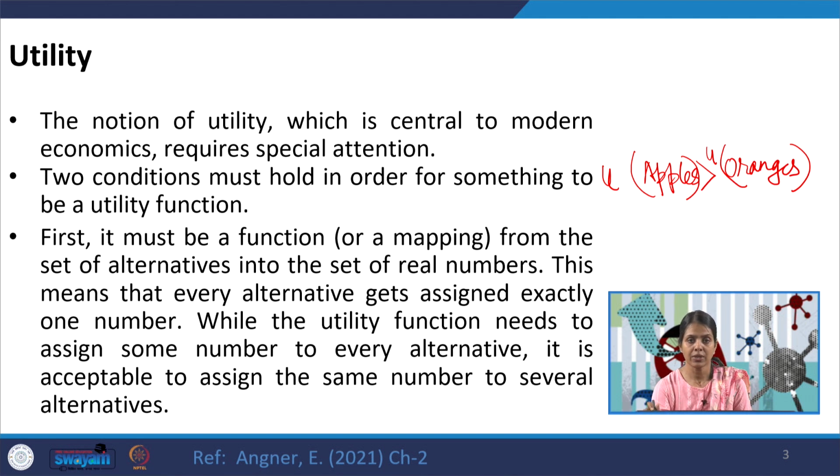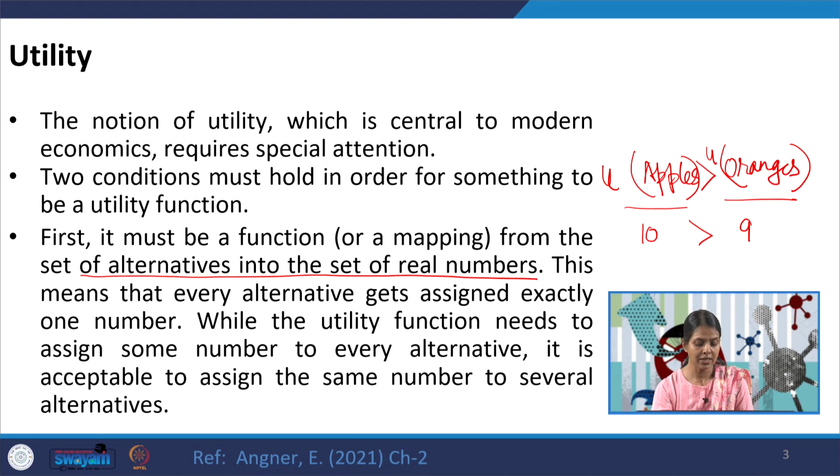Now, when we say that it must be a function or mapping from the set of alternatives into the set of real numbers, what it says is that I can assign some number to these utilities, so I can say that I get 10 utils of satisfaction from apples and say 9 utils from consuming oranges. So, of course, 10 is greater than 9.